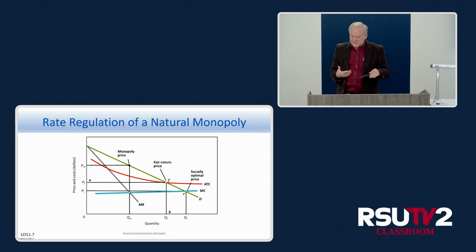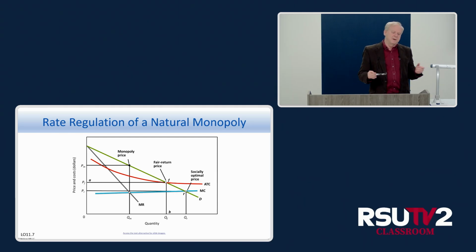So it's just kind of a problem you have with regulating public utilities. All right, so you'll never achieve, without a subsidy, allocative efficiency for a monopolist. The price equal to marginal cost would not allow the firm to ostensibly report a profit, okay?